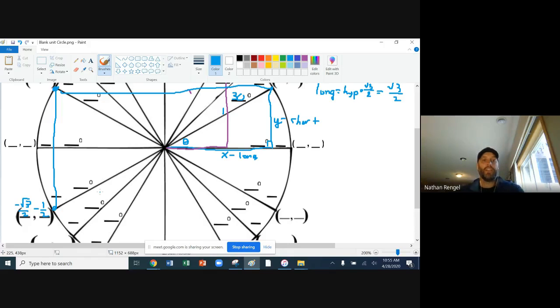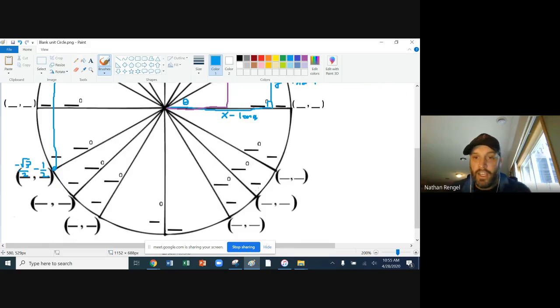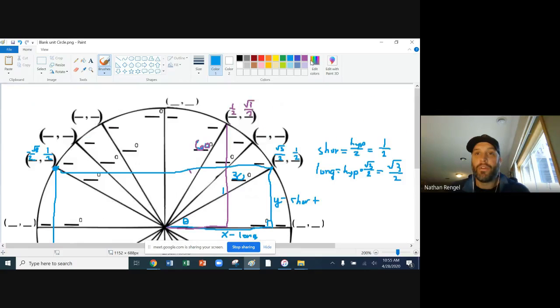So in all of these cases, my short leg is going to be that y coordinate of this triangle that I'm forming. And heading into now the fourth quadrant, we've got positive x and negative y. So there's your coordinates.